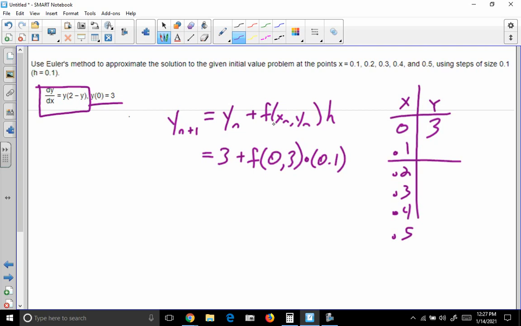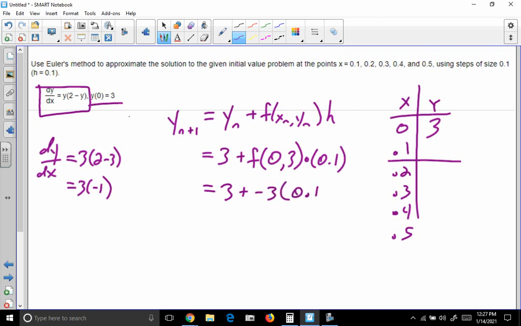Remember f of x, y, that's just our dy dx. So if we substitute a 0 for x, and we substitute a 3 for y, we get 3 times 2 minus 3, so that's 3 times negative 1. So we're going to have a slope of negative 3. At the point 0, 3, our slope is negative 3, and we have a delta x of 0.1.